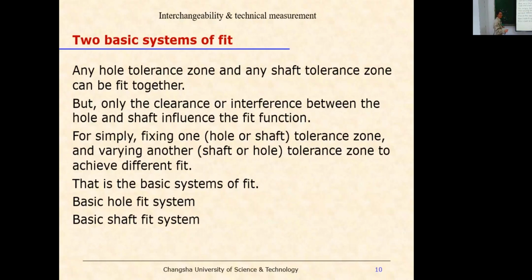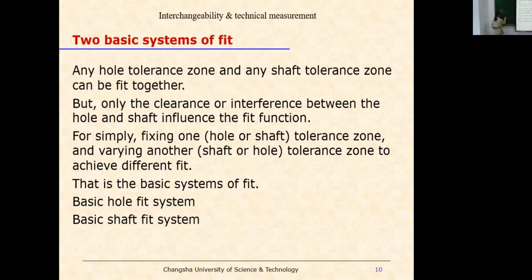The basic hole fit system means that you fix the hole and you vary the shaft. And the basic shaft fit system, you fix the shaft and you vary the hole. Basically, the basic hole fit means that for the hole we choose H, the fundamental deviation.